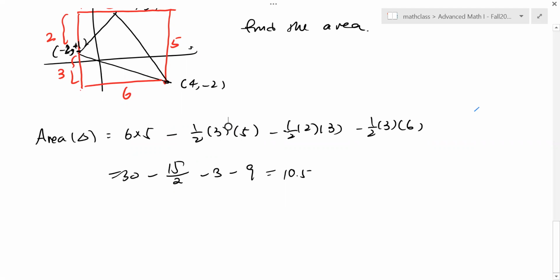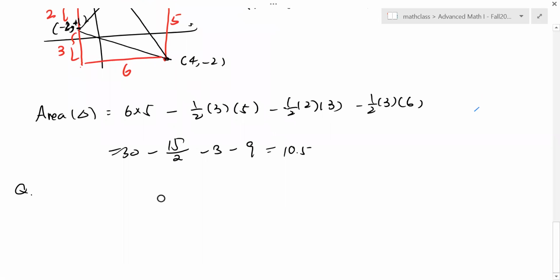All right, let's try another problem. All right, so we know that the 4 vertices of a square, so we are given a square already.